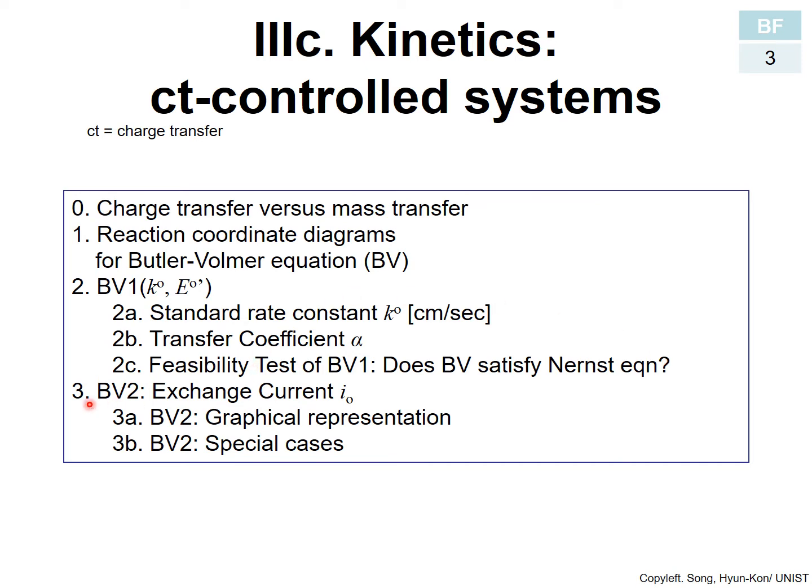Then let's go to Butler-Balmer version 2, having exchange current i0 instead of the standard rate constant k0. Then a graphical representation of Butler-Balmer version 2, and then I'll introduce some special cases of those Butler-Balmer equations. Also, please refer to chapter 3 of the Bard and Faulkner book.